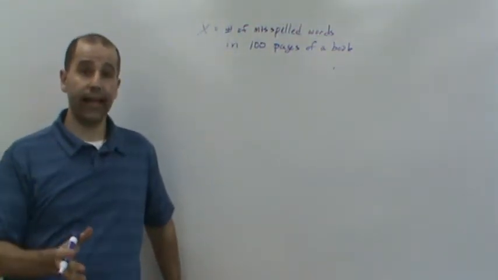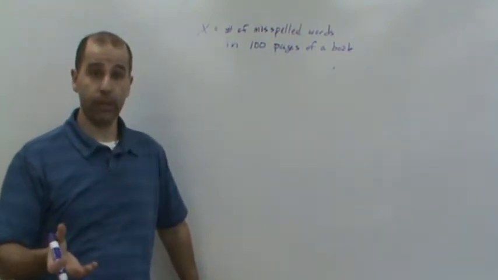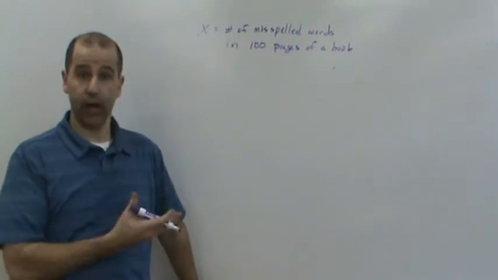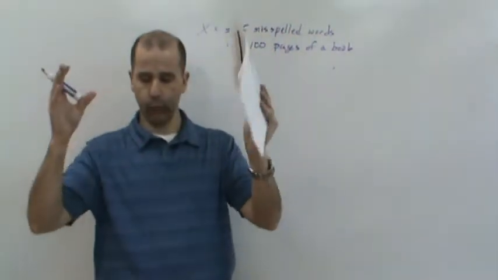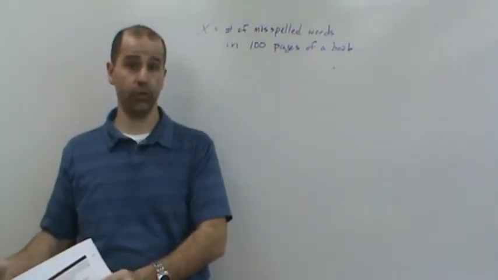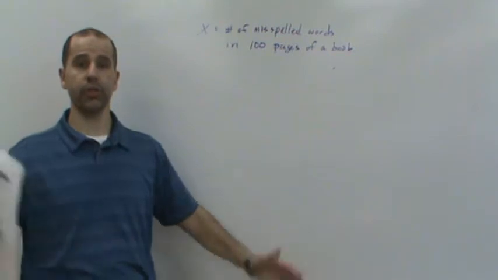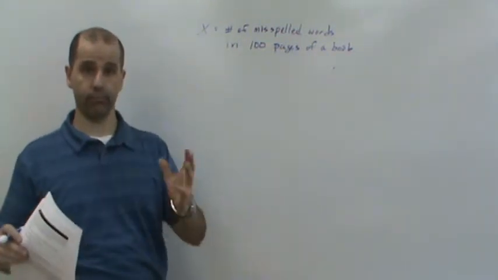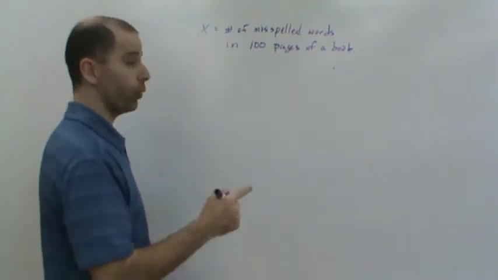And what they're saying is we're interested in how many misspelled words within 100 pages of this book, right? So regardless of what 100 pages we choose, we're going to count the number of misspelled words within those 100 pages. Make sense? That's what we're doing. Now, what do we know?